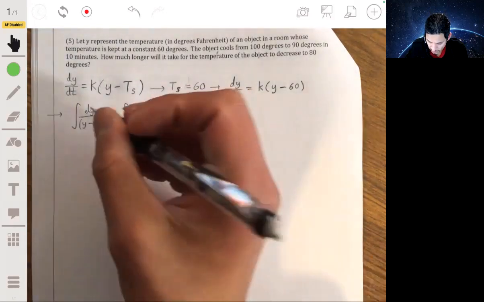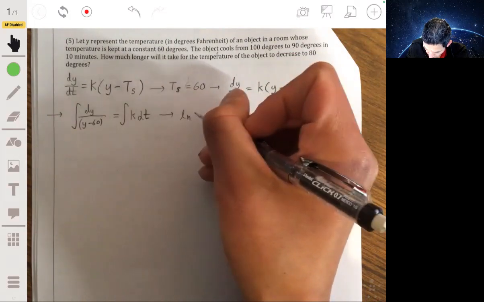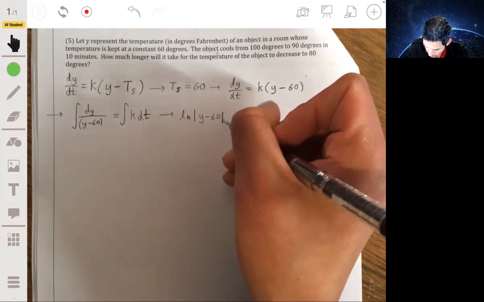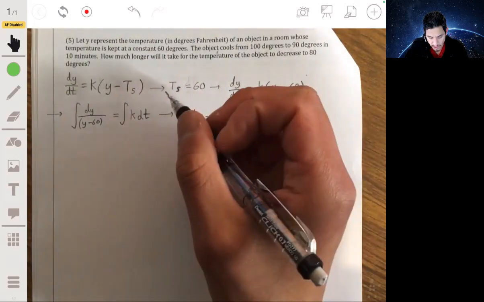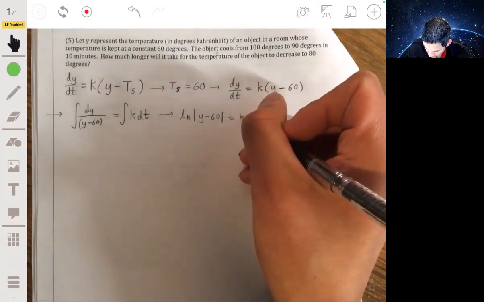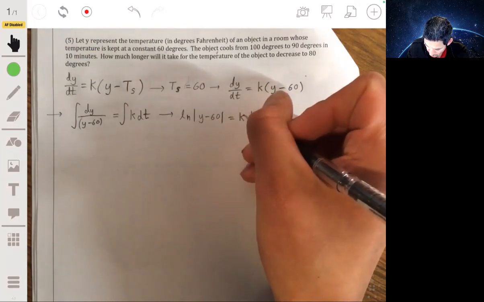So we integrate the left side. That will be the natural log of the absolute value of y minus 60. The right side is simply k times t, kt, because k, remember, is a constant, it's not a variable.